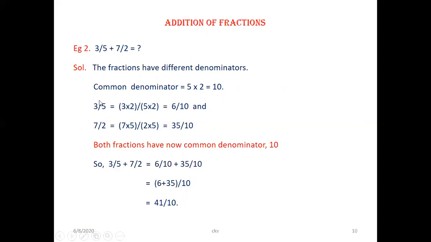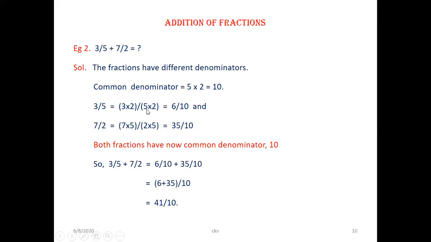Now for 3 by 5, I'm going to write its equivalent fraction. To write an equivalent fraction, what did I say? You must multiply both numerator and denominator with a number. Which number? 2. Why? Because you need to get 10 in the denominator. So, 5 twos are 10.